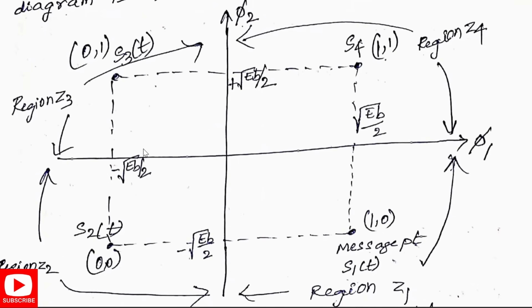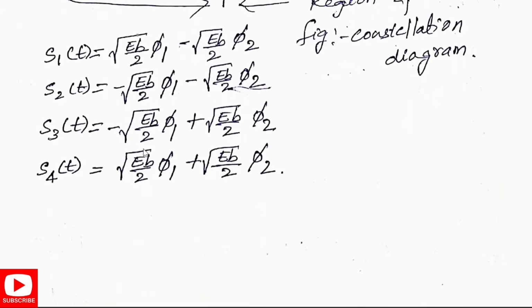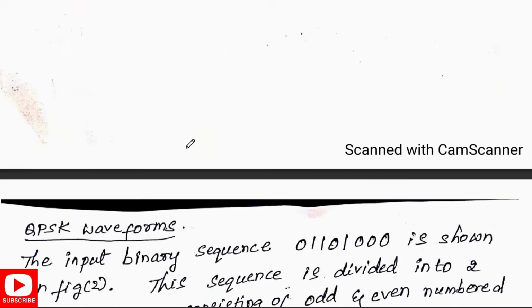Here you can observe S1 of t with values 1, 0, S2 of t as 0, 0, S3 of t as 0, 1, and S4 of t as 1, 1. These will be our regions Z1, Z2, Z3, and Z4 with the coordinates phi1 and phi2. We join these dots to get the constellation diagram. Based on that, for S1 of t, as we have written in the table, write down these expressions.